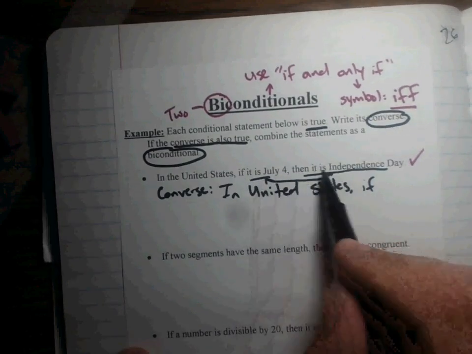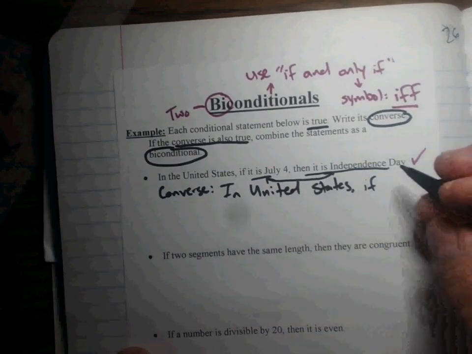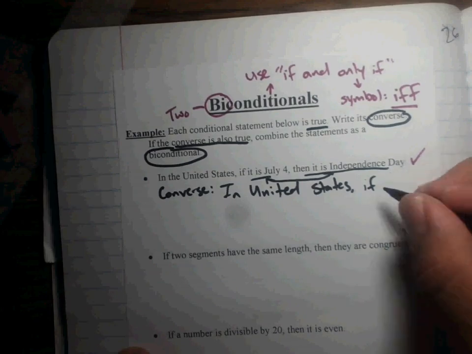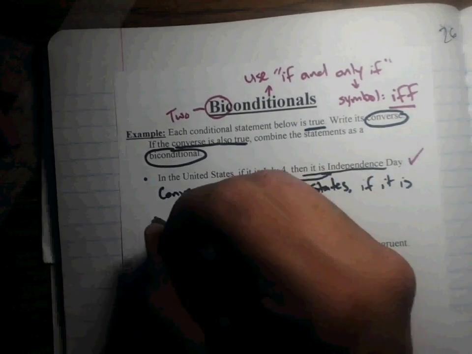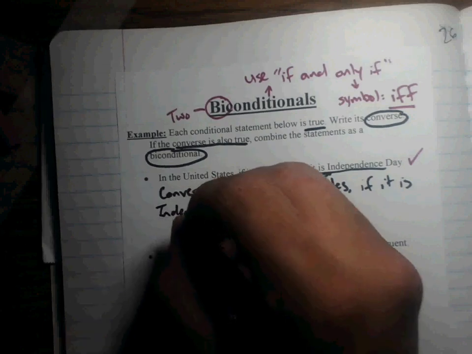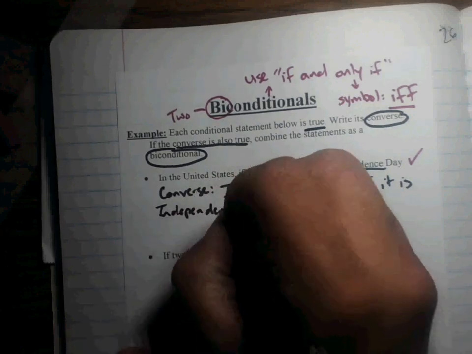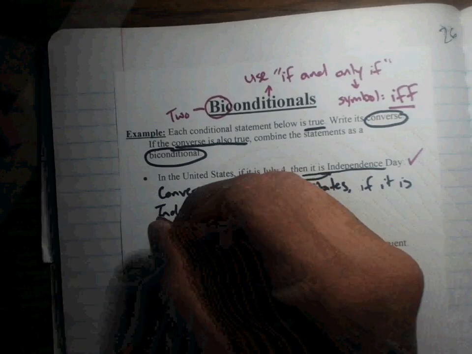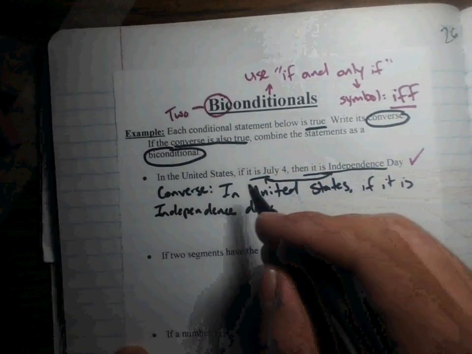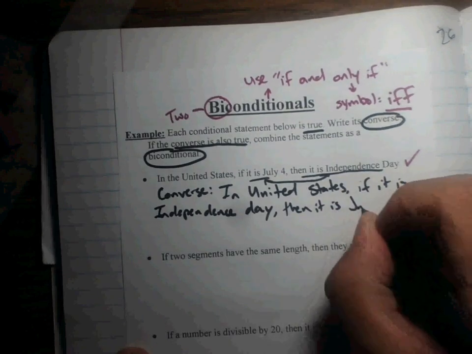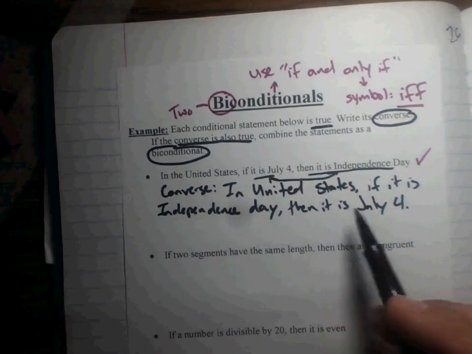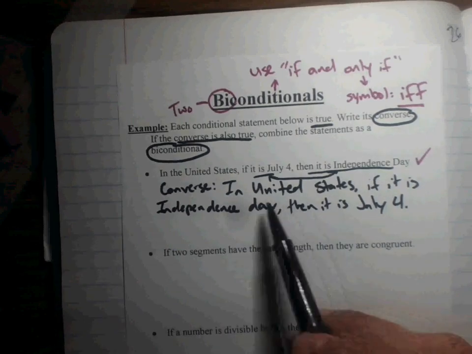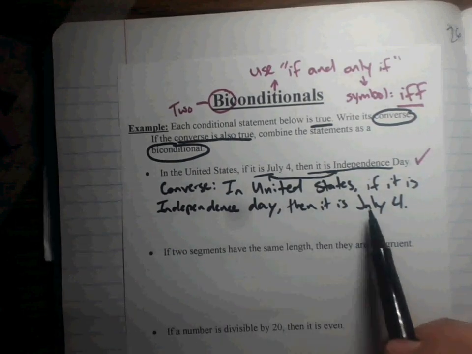We switch our hypothesis and our conclusion. If it is Independence Day, then it is July 4th. So is this true? If it is Independence Day, that means it has to fall on July 4th. That is true.